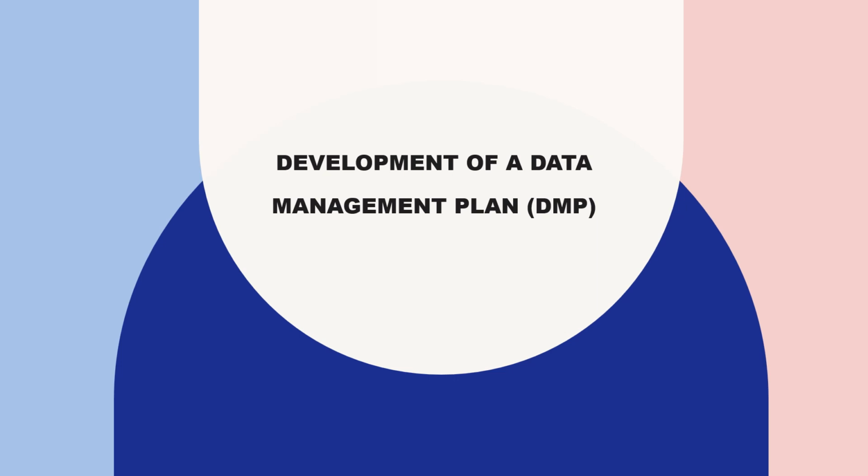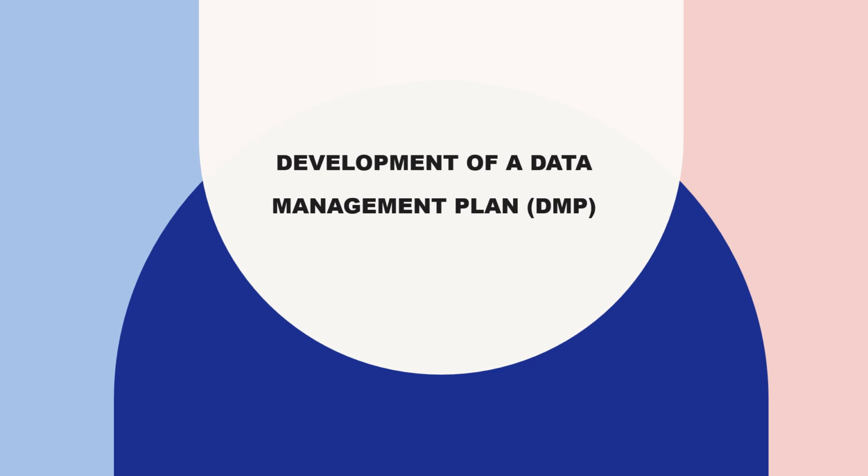There are many reasons why researchers should develop a DMP. For example, DMPs can help researchers to comply with the funder requirements, ensure the long-term preservation of the research data, make research data more accessible to other researchers, and increase the impact of research.